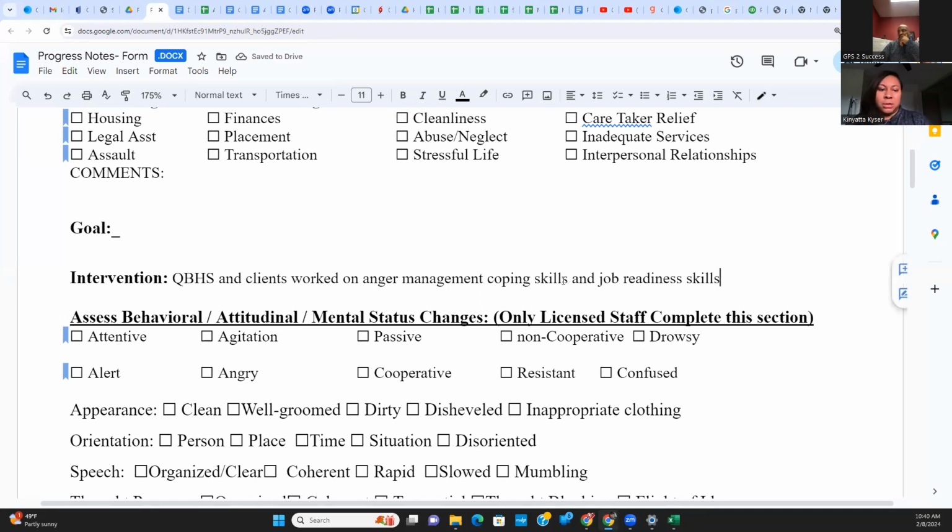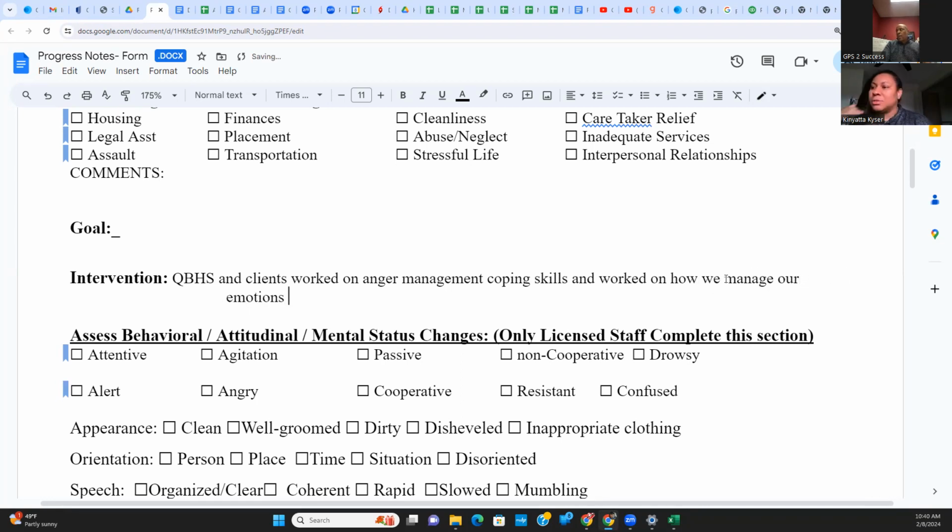Okay. But let's say instead we were working on how we manage our emotions. So working on anger and coping skills, right? This is where I use the log to write the notes.